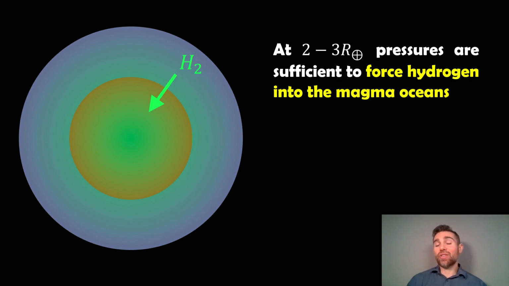Interestingly, at around 2 to 3 times the radius of Earth, when they've got a sufficient atmosphere around these magma ocean cores, it's sufficient to force the hydrogen into the magma ocean. So it kind of dissolves into the magma oceans. And this occurs around 2 to 3 times the radius of Earth.